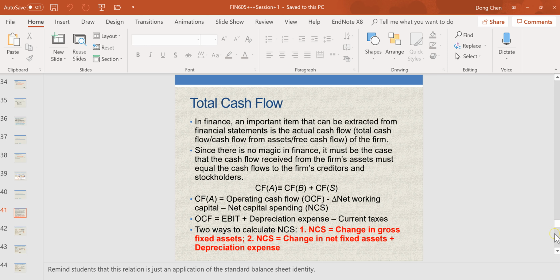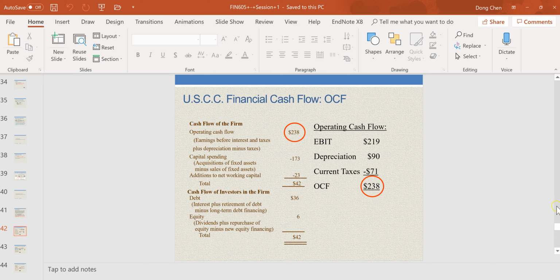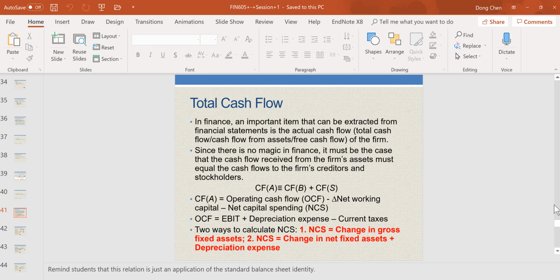So this is the cash flow from assets. Basically, we just pull out the post lecture slides of session 1. So the cash flow from assets equals operating cash flow minus the change in net working capital and minus the net capital spending.